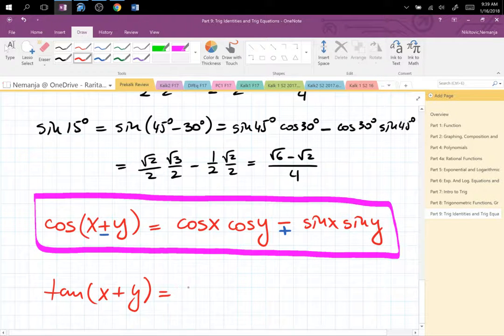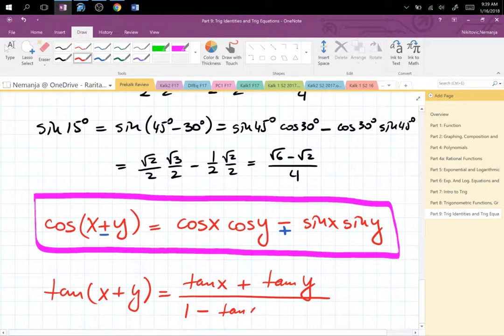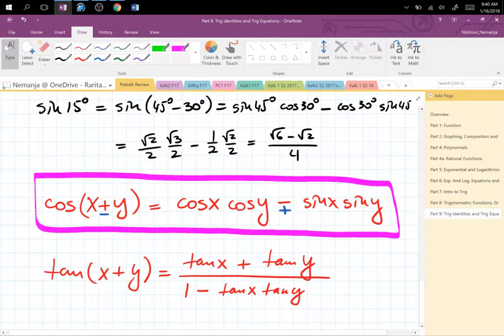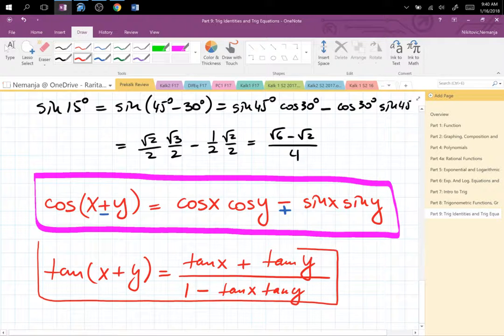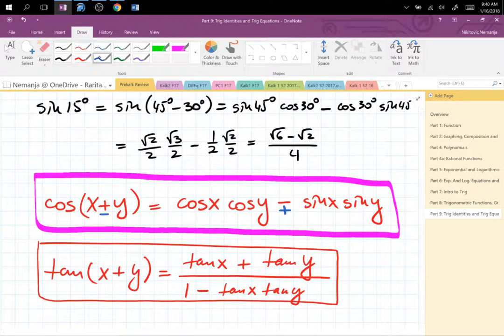Which would be the tangent of x plus tangent of y divided by 1 minus tangent x tangent y. And I'm going to put this one in the red box. It's an important formula, but it's again not as crazy.